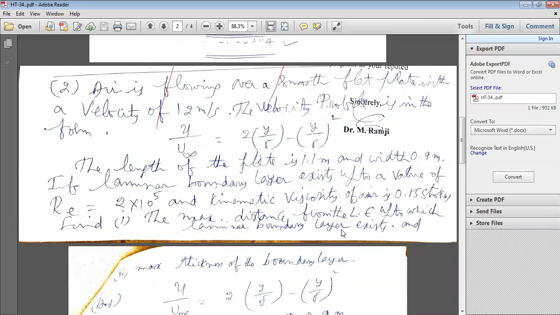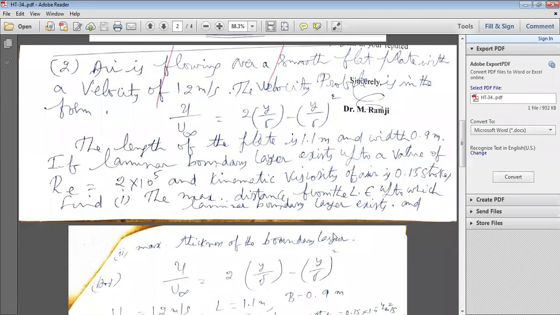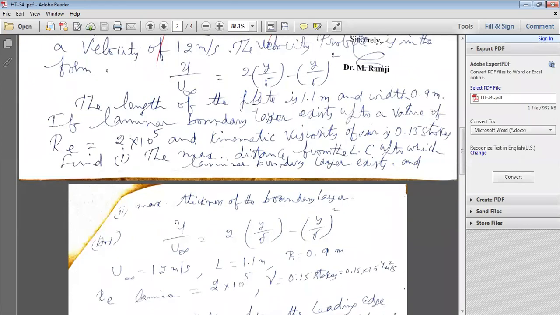So here, air is flowing on a flat plate. Air velocity free stream 12 meters per second. The length of the plate L 1.1 meters. Width of the plate B 0.9 meters. And laminar boundary layer exists up to a value of Reynolds number 2 into 10 power 5.